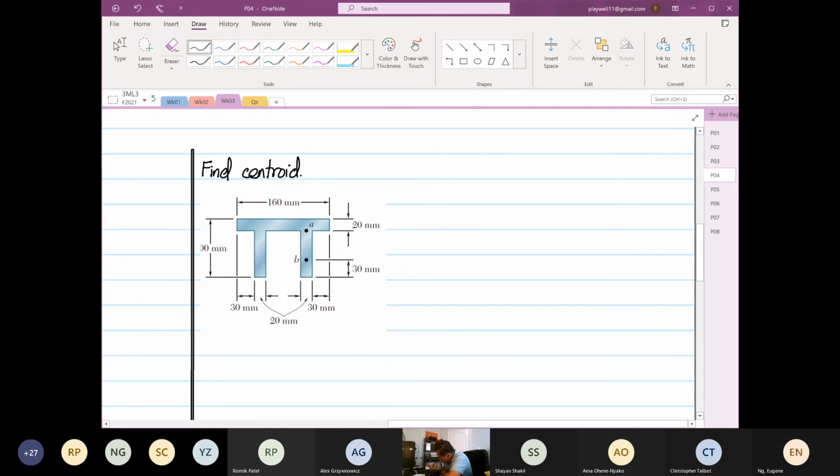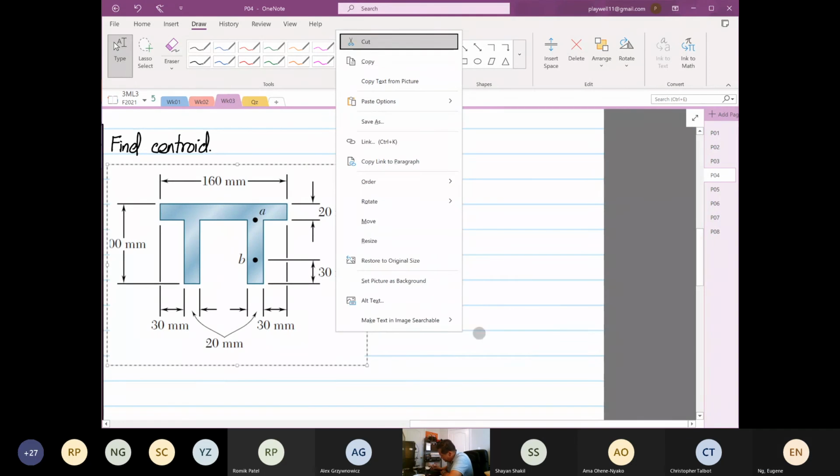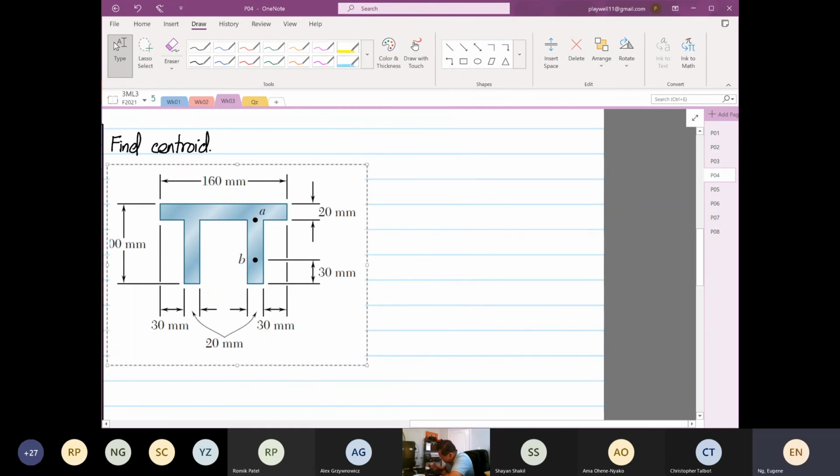So this is finding the centroid. I'm going to divide this in such a way that this is 1, this is 2, and wait, I think I need this diagram to be big so you can see better. I think this is marvelous. This is 1, this is 2, and this is 3.